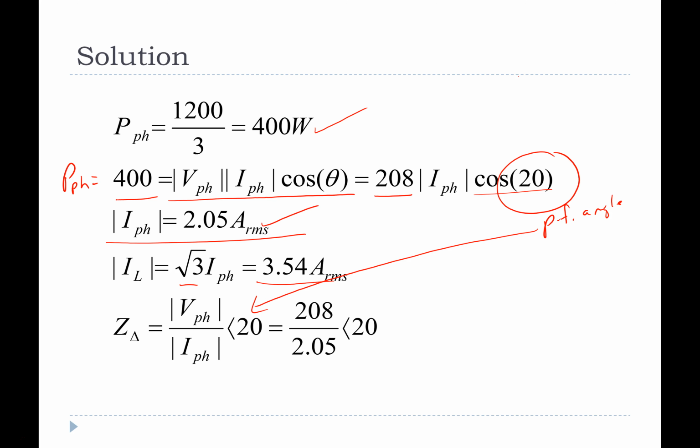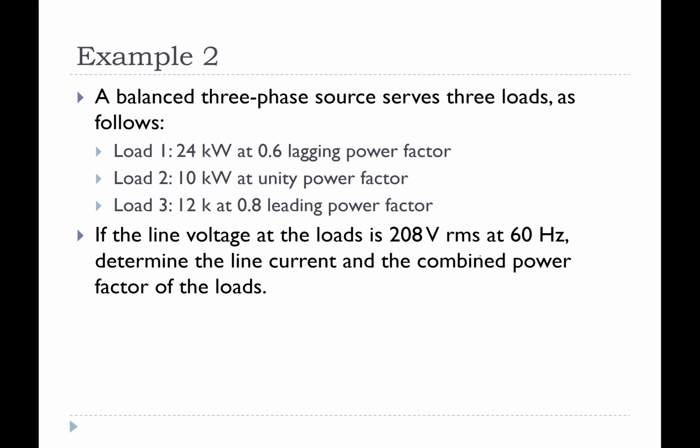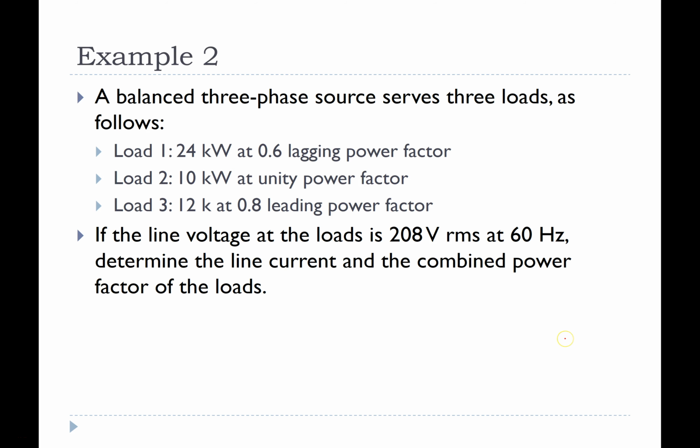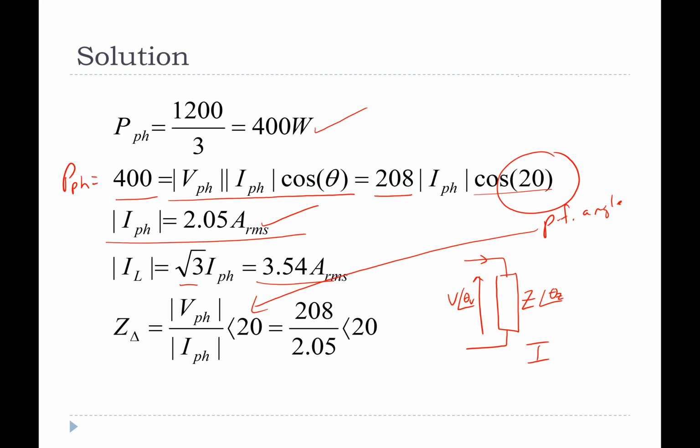If you can't remember why that is the angle of the impedance, just remember we could look at some impedance block here, and if we have some Z angle theta Z, and we have V angle theta V, then I is equal to V on Z angle theta V minus theta Z. And remember, the power factor angle is the angle between the voltage and the current.